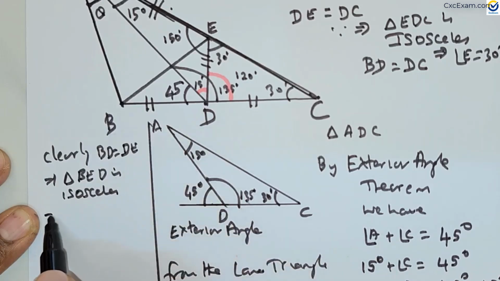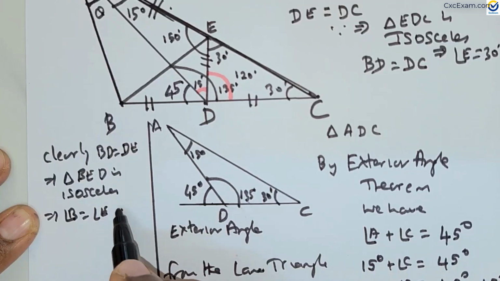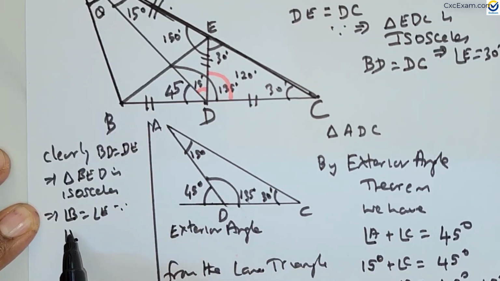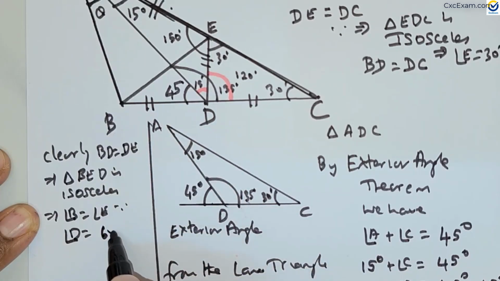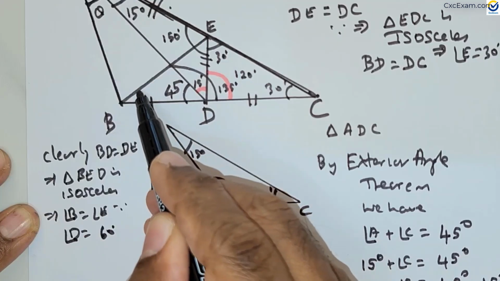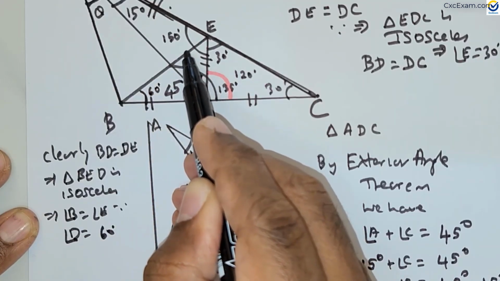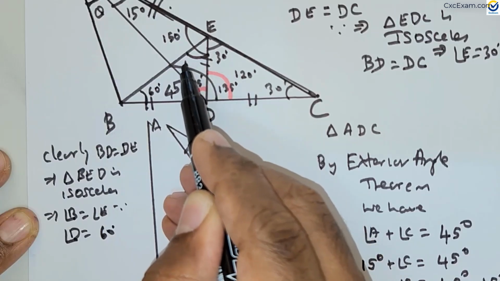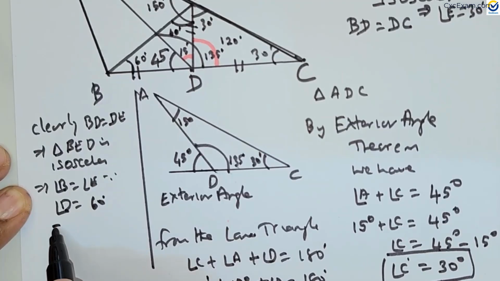This means angle at B should be equal to angle at E. Since angle at D is 45 plus 15, which is 60 degrees, the only possibility that angle B and angle E will be equal is if they are also equal to 60 degrees. So we have an equilateral triangle.